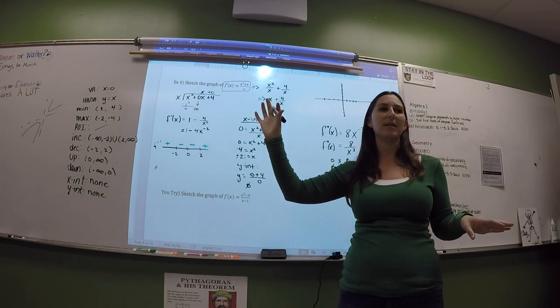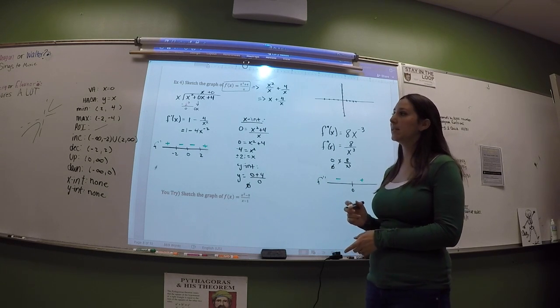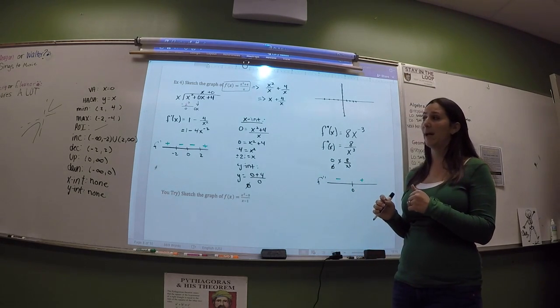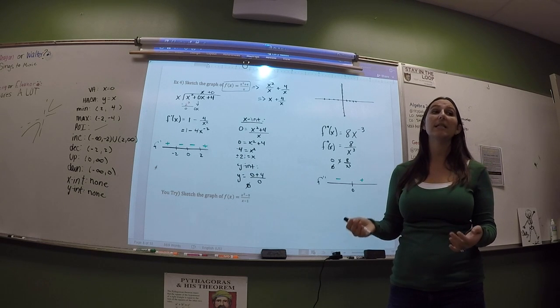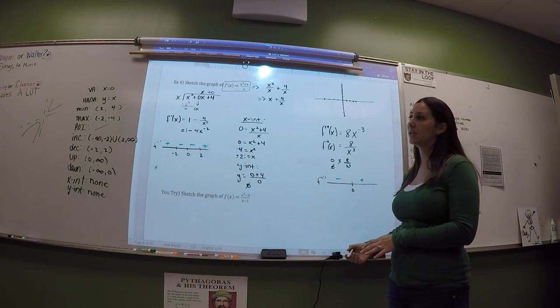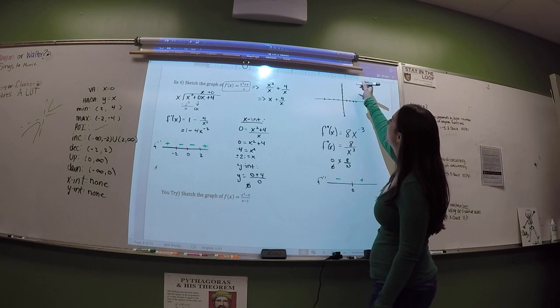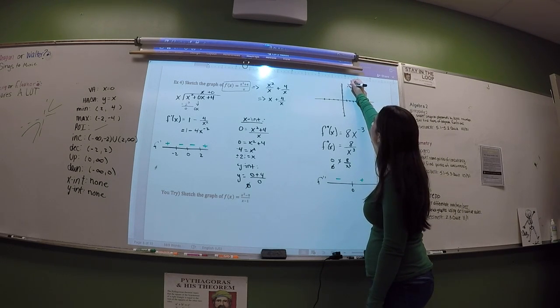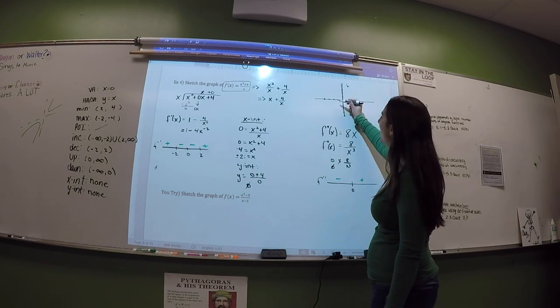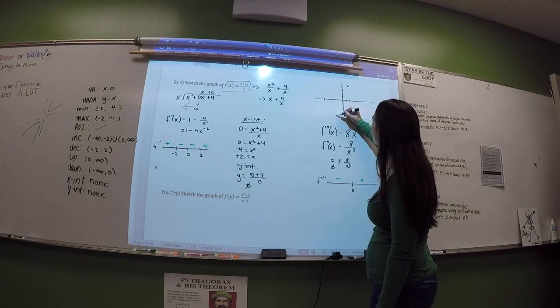You're looking at two different pieces. That wouldn't make sense for a continuous function, because your minimum would have to be lower than your maximum. But since this isn't a continuous function, this is actually fine, because your minimum is here and your maximum is here.